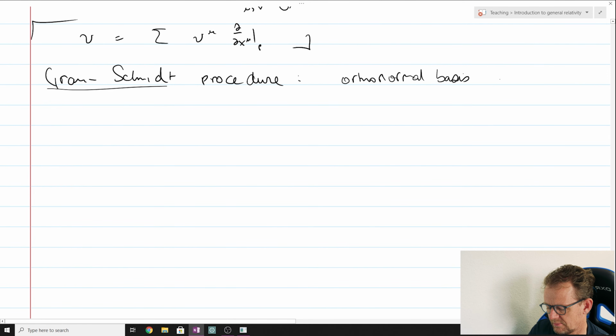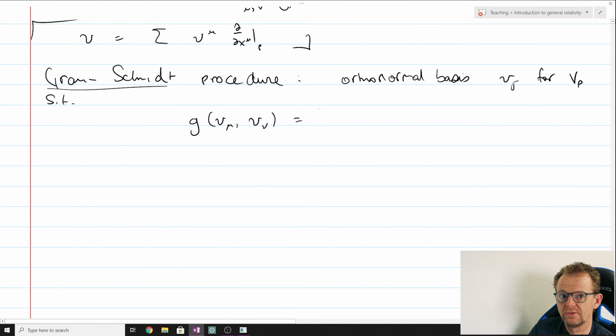This is a much more special basis than the ones we've been considering so far. And what does orthonormal mean? Well, it means when you insert these basis vectors into this tensor of type 0 2, or evaluate their inner product, right? You should get the Kronecker delta function.